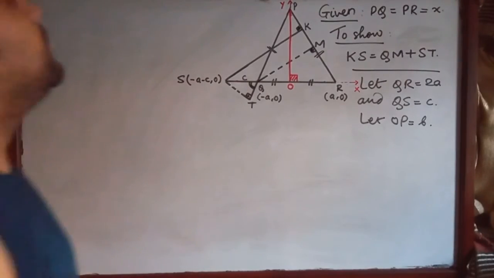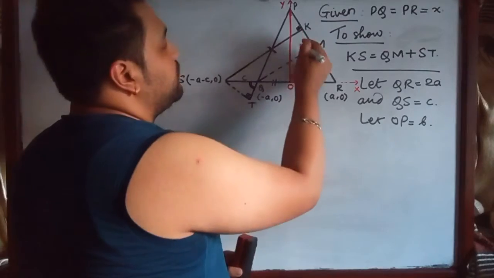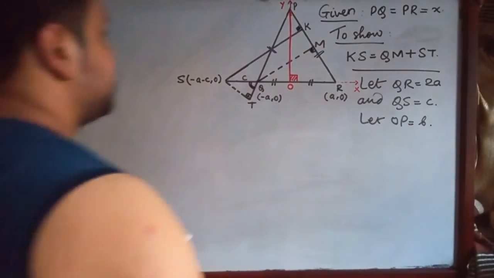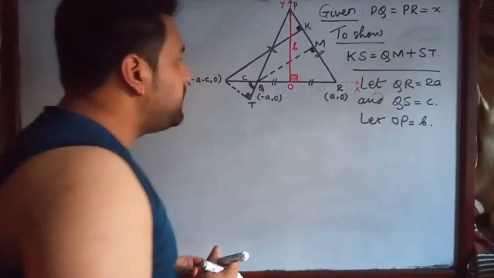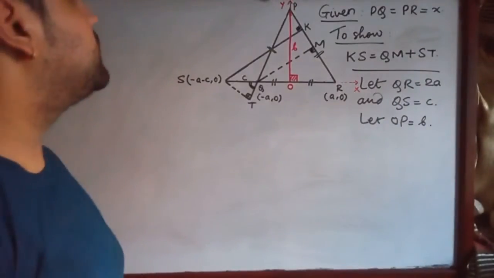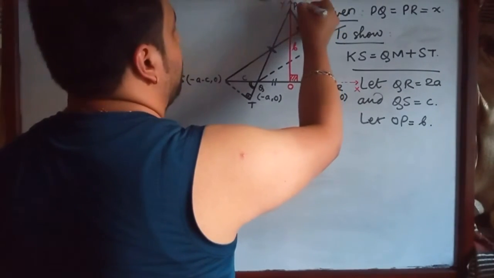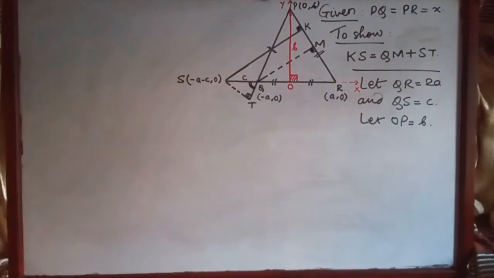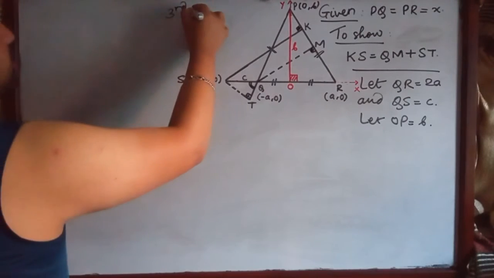Now the coordinates of P, this length we've supposed to be B. So the coordinates of P are 0 comma B, and this is the third method.